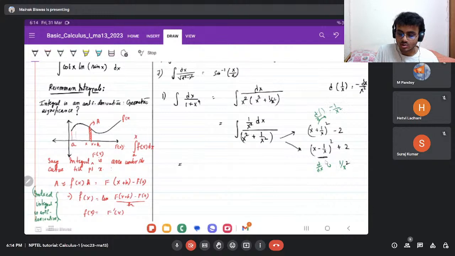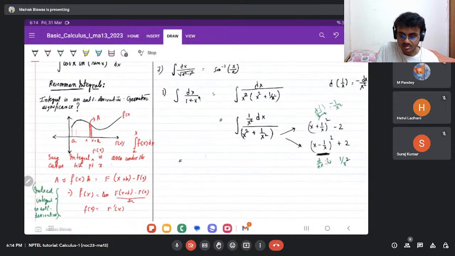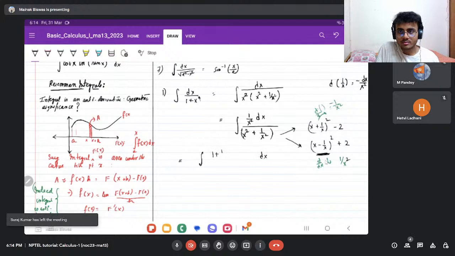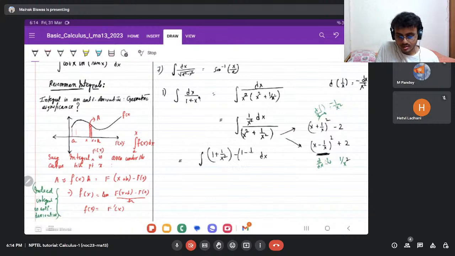So we will try to make these functions, d of x minus 1 by x or d of x plus 1 by x. So we'll still write dx and do something like this, because we want these values in some way. That's the idea.